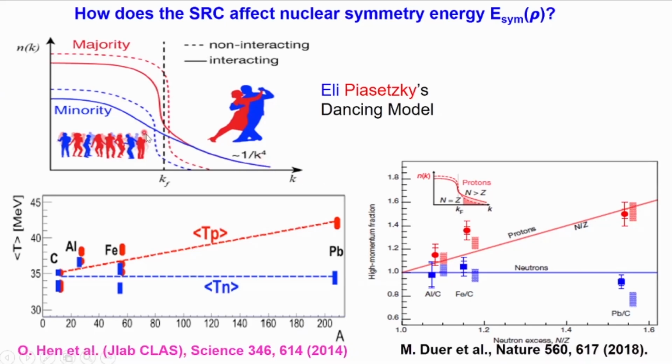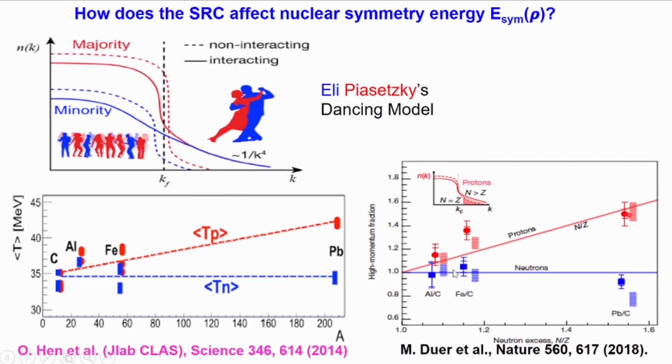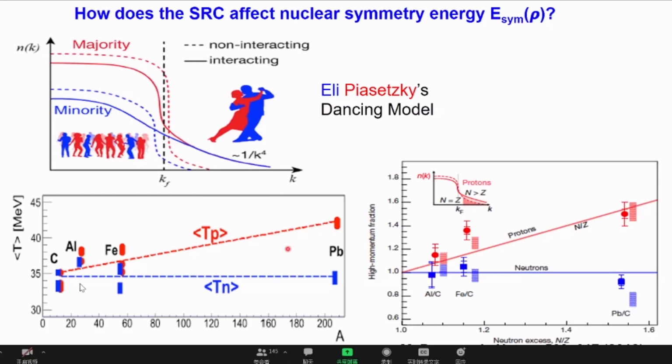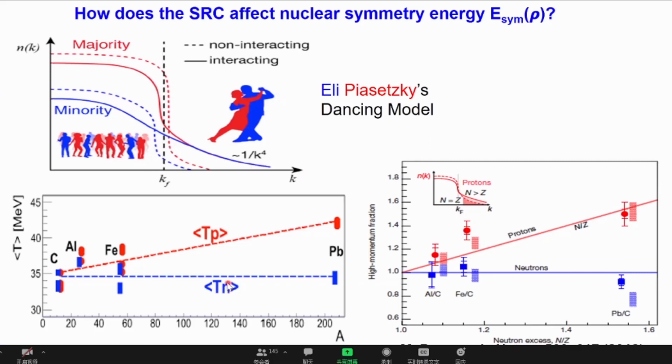So in asymmetric matter, the minority, the protons, will have more chance to find a partner to be scattered above the Fermi surface. As a result, there is a higher fraction of protons in the high momentum tail. Consequently, the average kinetic energy of protons is higher than the average kinetic energy of neutrons in neutron-rich nuclei.